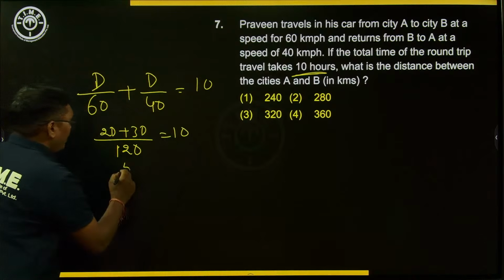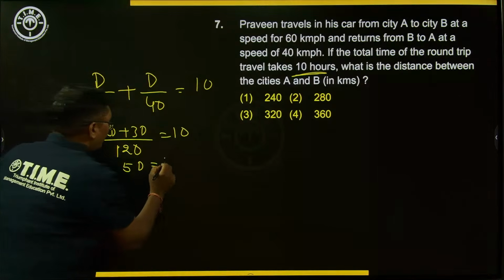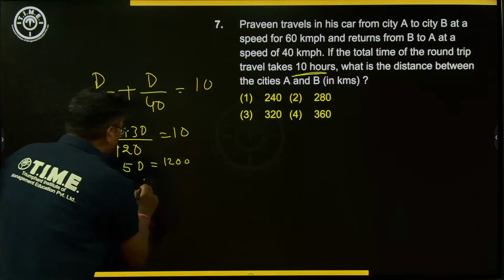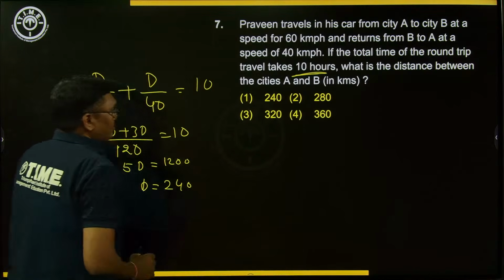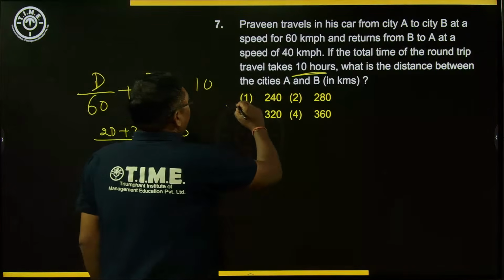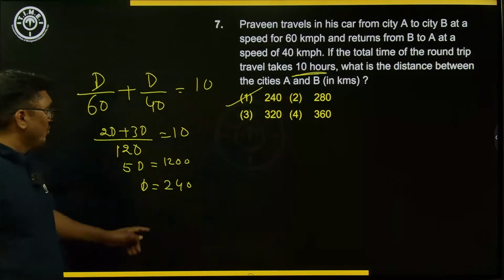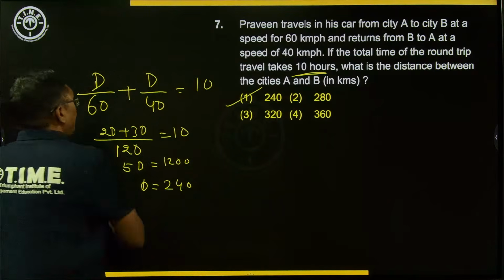So 5D is equal to 1200 and D is equal to 240. That means the distance between cities A and B is 240 kilometers.